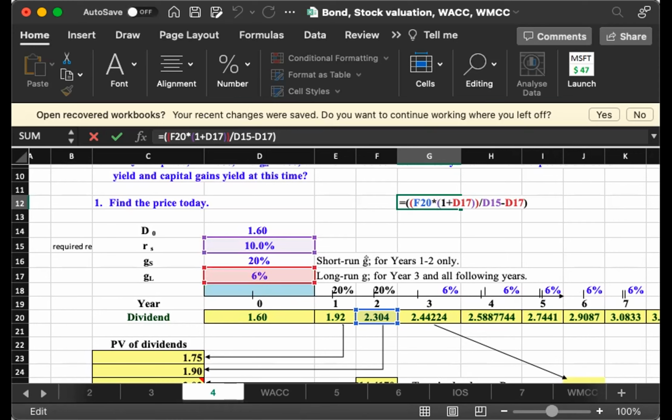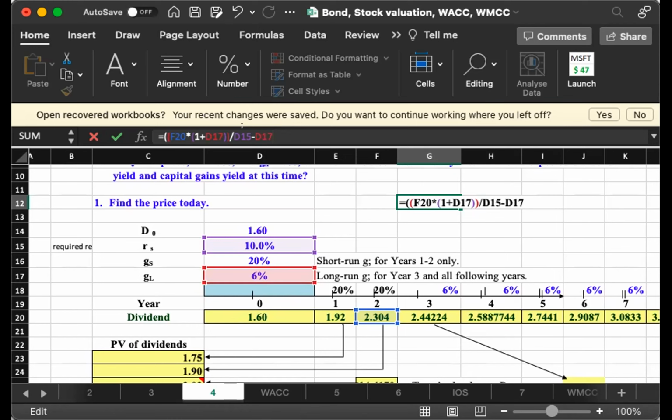All right. The concept of the formula is correct, but there was a mistake in the parenthesis. After you get the answer in the numerator, we divide by D15 only, and then after you divide by D15, you subtract D17.